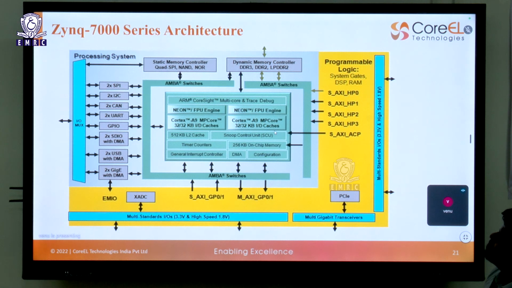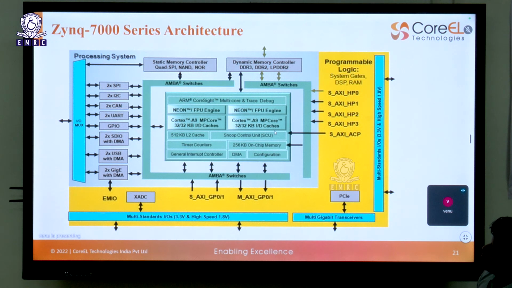But the most important thing here when we talk about the processor on board is that every single connection that is available to us is always running through something called an AMBA switch. All the communication that is happening in and out of the processor is running through an AMBA switch. Along with that, we have multiple peripherals that are in sync with our processor.